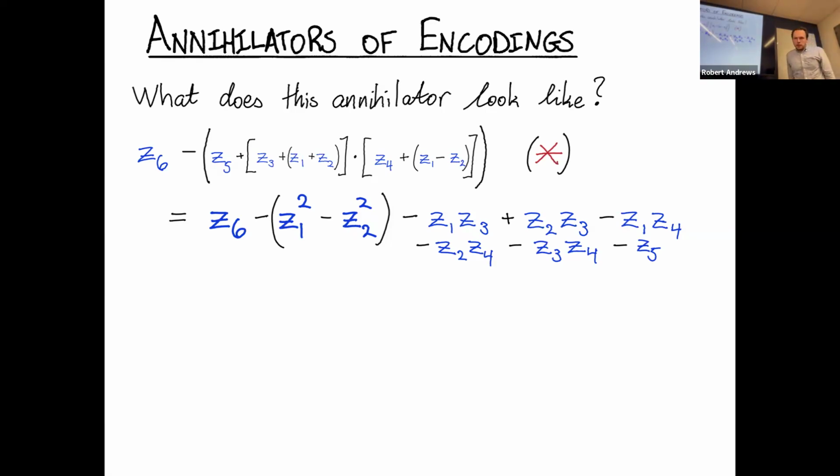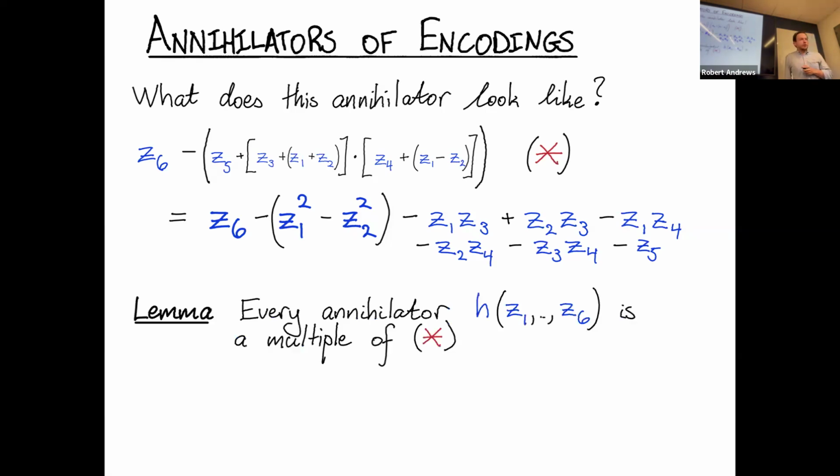Okay, so this was one really complicated example, and you would ask, are there other annihilators? Sure, this is basically simulating the circuit, but maybe there's some other more clever thing you could do to break this kind of generator. And it turns out you can't. This is the magic of algebra. Every annihilator of this very particular seed length 5 generator I showed you is a multiple of this one.